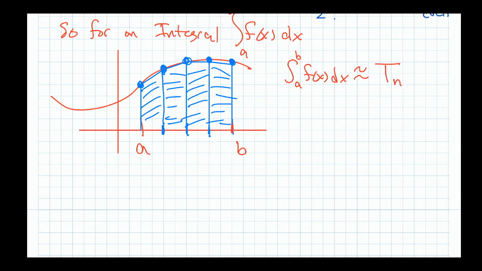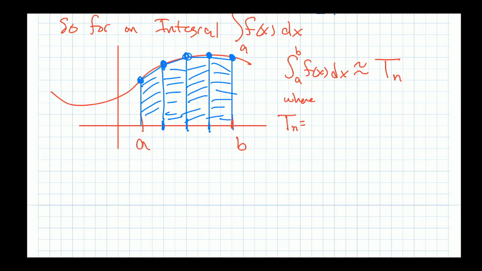That's the trapezoidal rule approximation. Use a T for trapezoidal, where Tn is going to be delta x over 2, and then y0, 2y1, 2y2, dot dot dot, 2y(n-1), and then yn. Okay, and you're getting those from the y values here.